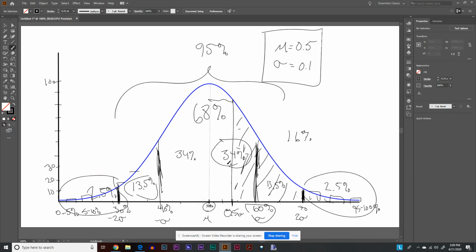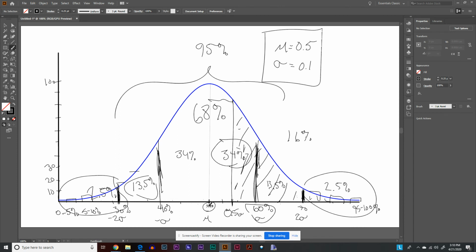So on this table, if I go from 50% to 60%, one standard deviation away, that's about 34% of the data.